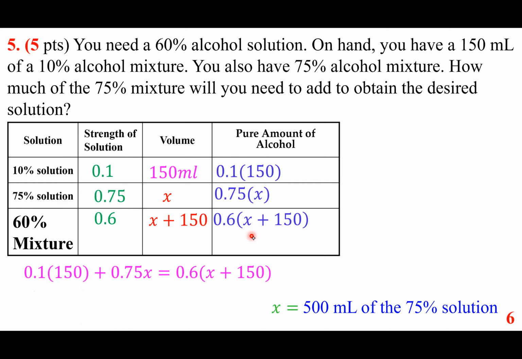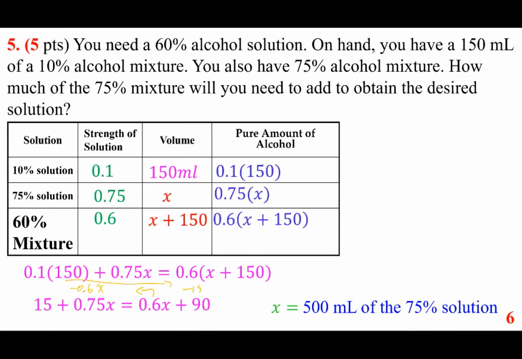And we are going to distribute this one. This becomes 15. This remains unchanged. This is 0.6x, and this one, 6 times 15 is 90. One zero and one decimal, they cancel each other. So we are going to move things around. We are going to subtract 0.6x here.